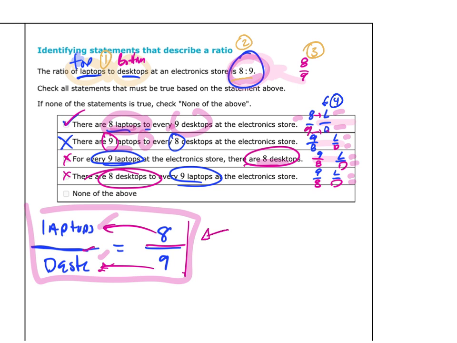Laptops over desktops, laptops over desktops. And then the fifth thing I'm going to do is identify what they're giving, what the units are. I'm going to be careful. And maybe I would just look at all the laptops and fill that in, and then look at all the desktops and fill that in and say which ones are the same.